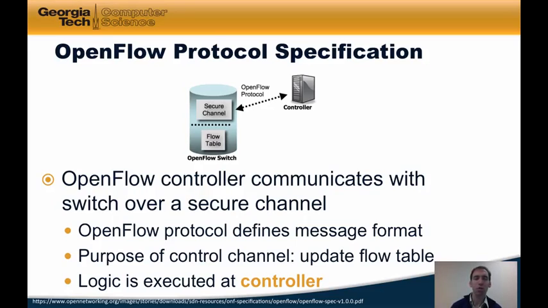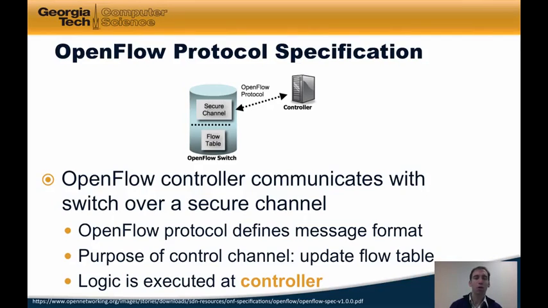The purpose of the control channel is effectively to update this flow table, and all of the logic concerning how the flow table entries are updated are contained at the controller. All of the smarts of the network are resident at the controller, and the switch's job is simply reduced to forwarding traffic based on the flow table entries that the controller installs.